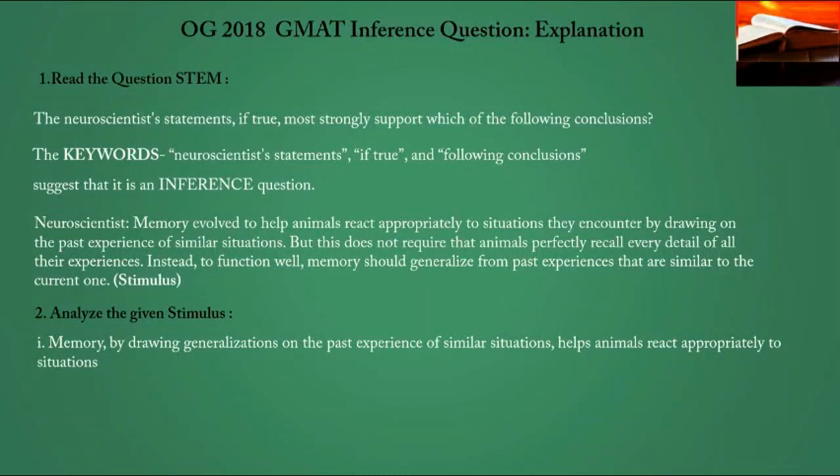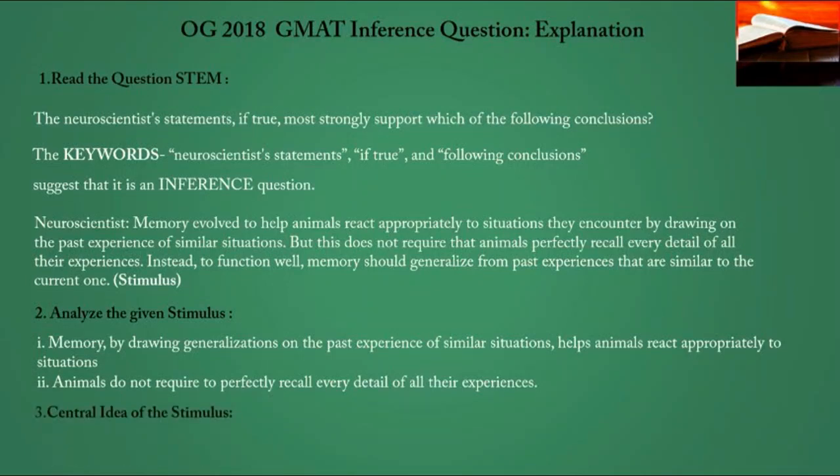However, we must ignore any isolated or unnecessary facts given to mislead us. Answer choices having such isolated facts can be trap options. Probably the second statement is an isolated fact. That is, animals do not require to perfectly recall every detail of all their experiences.